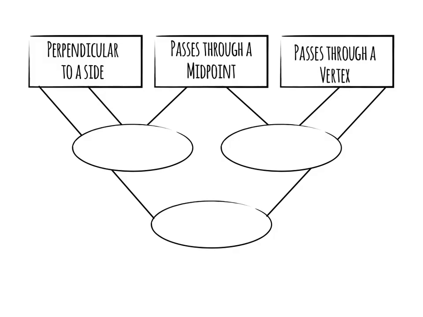To sort through all of these terms we just learned, we've created this graphic organizer to see the similarities and differences. We have seen lines that are perpendicular, lines that pass through a midpoint, and lines that pass through a vertex. So if we put this together, the line that is perpendicular to a side and passes through a midpoint is called the perpendicular bisector.